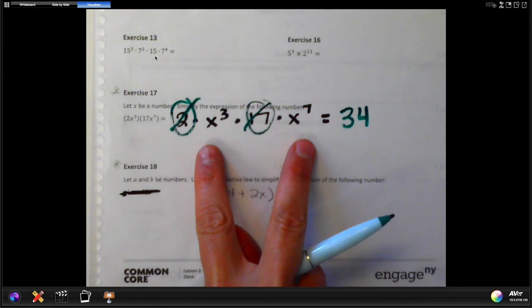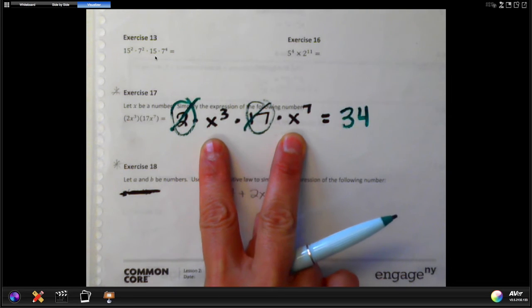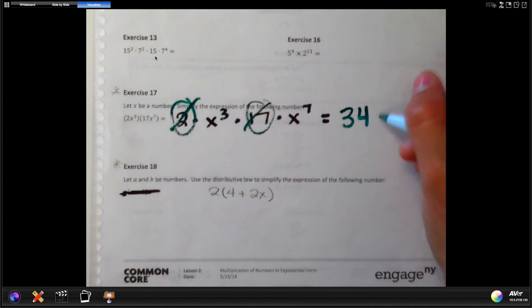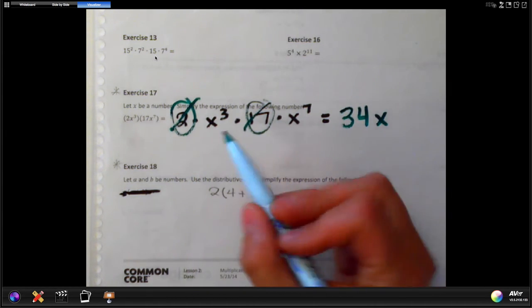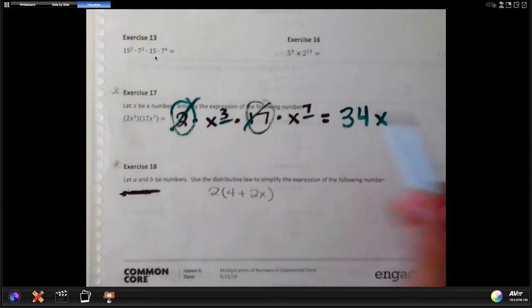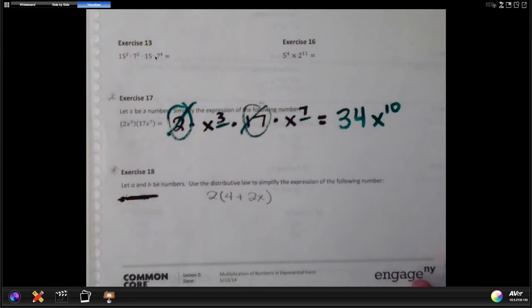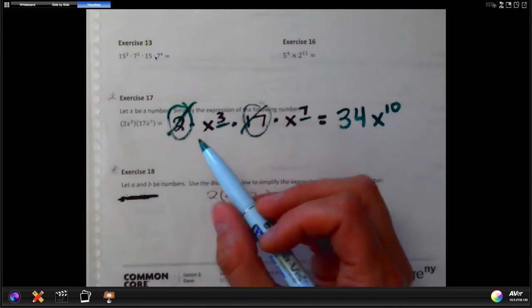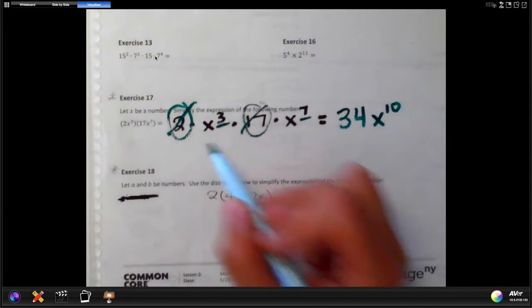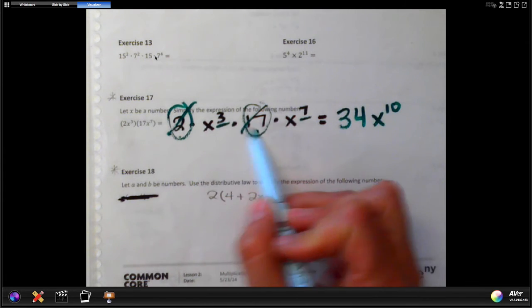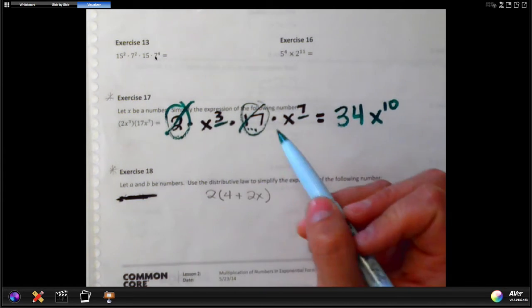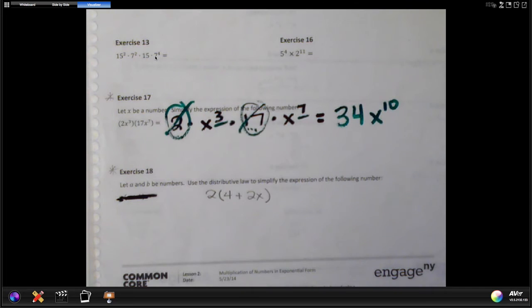And then you're left with bases that do match up. We have an x base, and so we're going to do like we did before, and we're going to add those exponents, that 3 and that 7, and get x to the 10th. And so the note you want to put in your notes here is that if you have unlike bases, and they are both numbers, you can multiply those together.